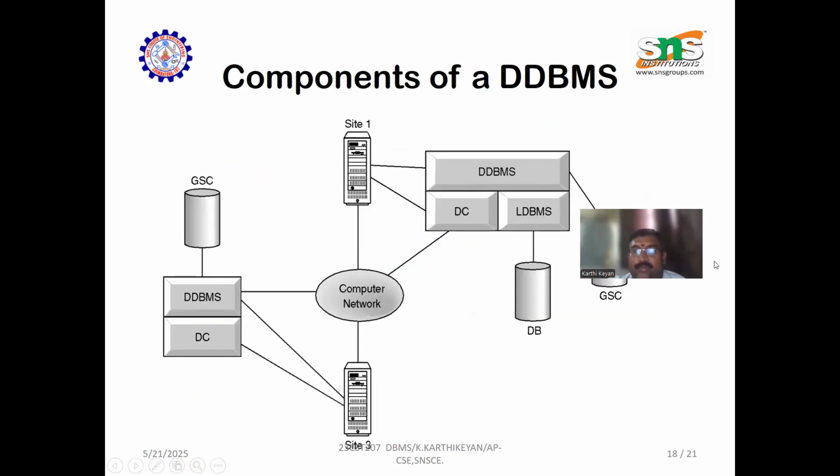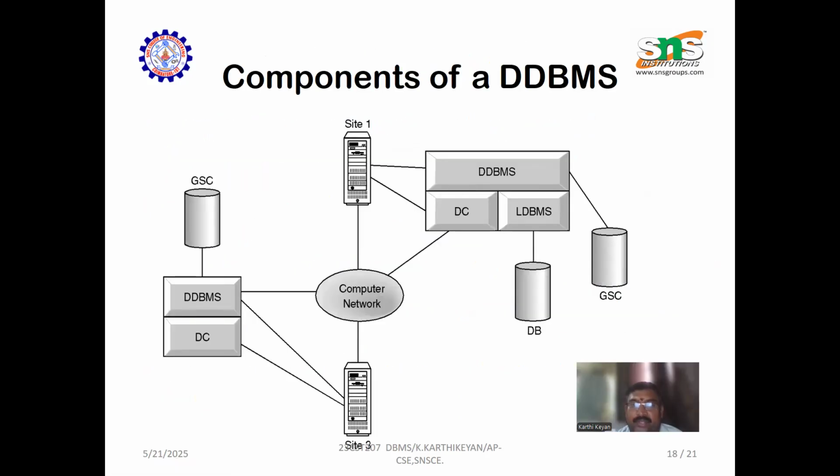So this is the composition of DBMS at site 1, site 2, site 3, with the GCS and DBMS data dictionary, global directory, local DBMS, and database server.